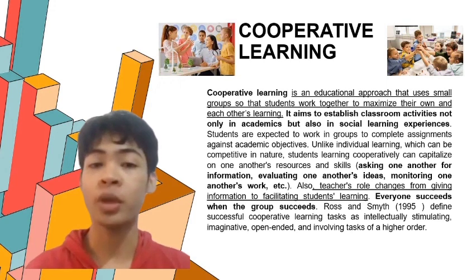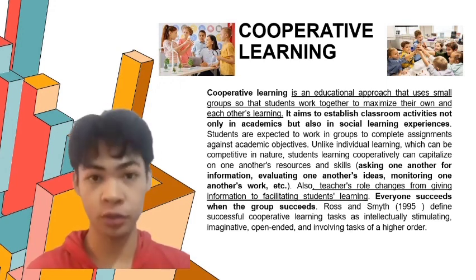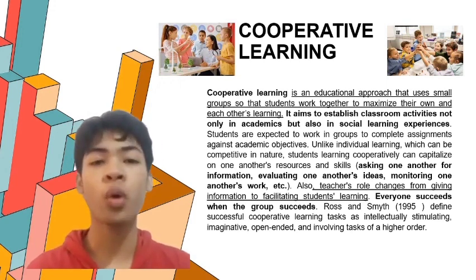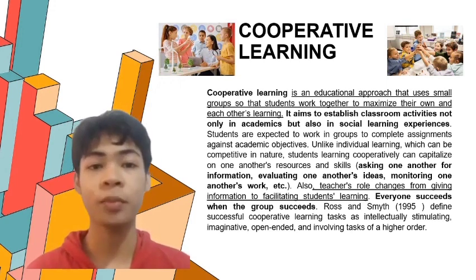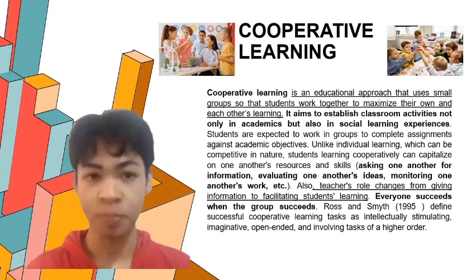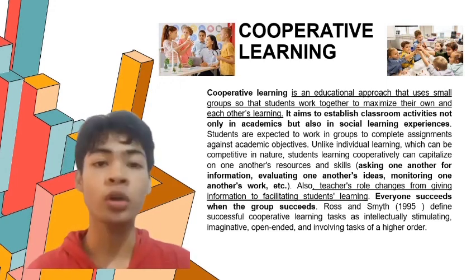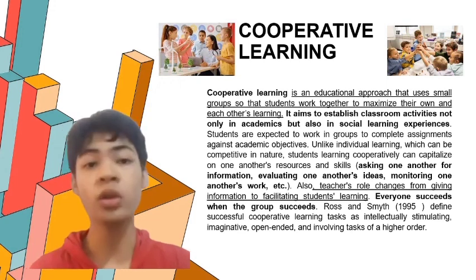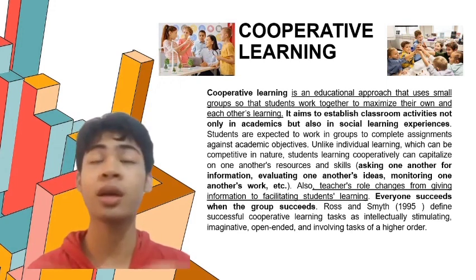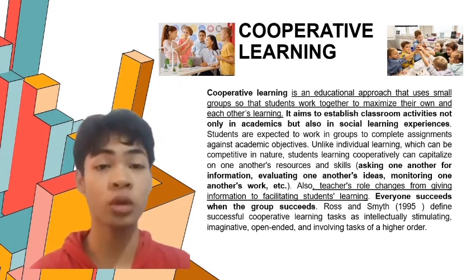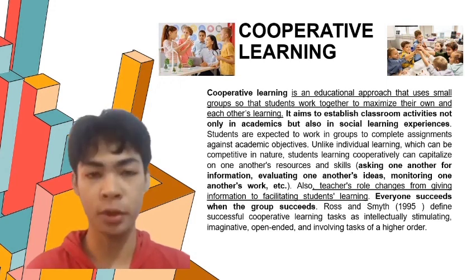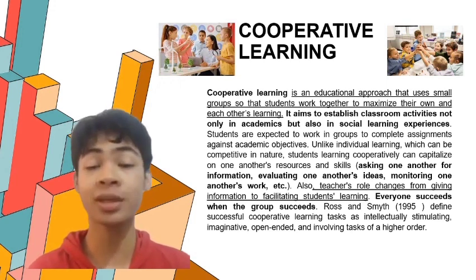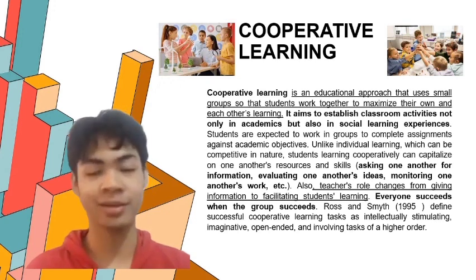We also evaluate the ideas of the others, and we monitor one another's work. So we are learning by doing and also learning collaboratively. That's why the teacher only facilitates or serves as a guide, not spoon feeding the students. So here in cooperative learning, everyone succeeds when the group succeeds.